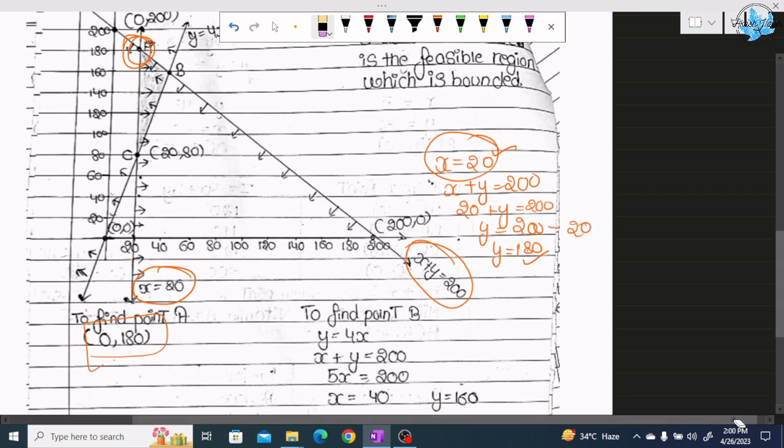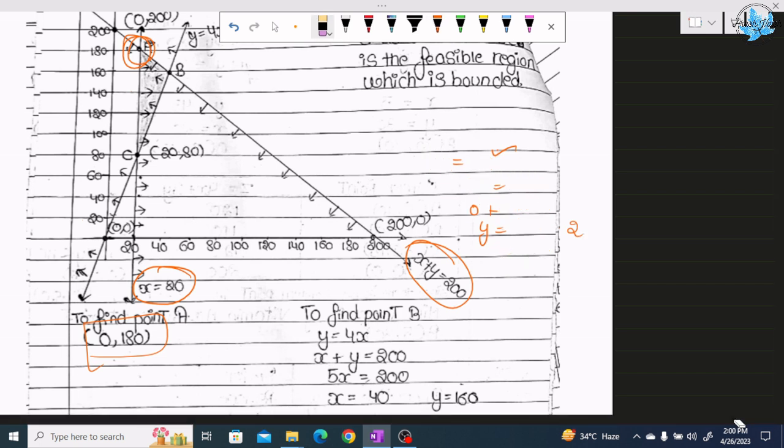To find the B coordinate, you can see the B coordinate is the intersection of the first line, which is again this, and the second line, which is y equals 4x. So the B coordinate is the intersection of x plus y equals 200 and y equals 4x.